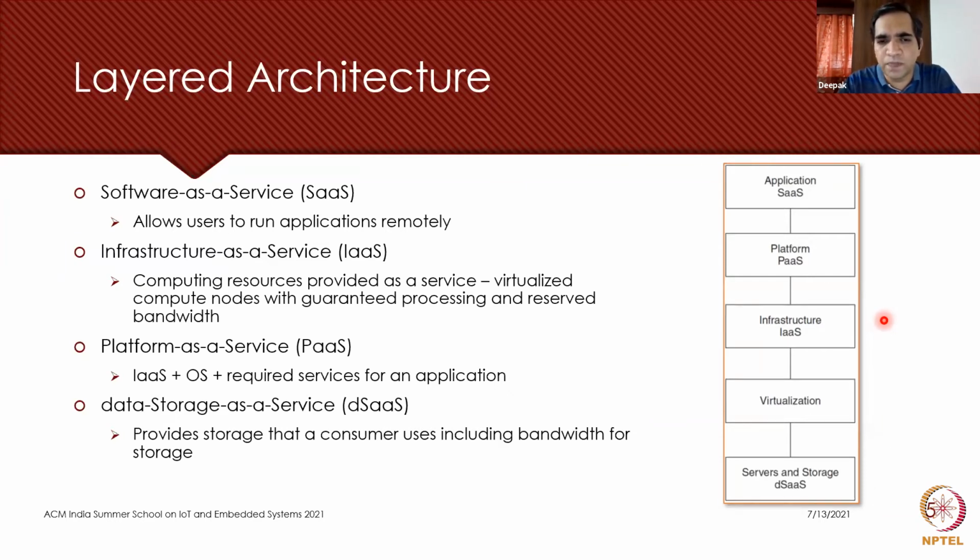So this is what comes as part of the infrastructure. It's the compute resources. It does not only have compute nodes, that is processing resources, but it also has storage resources. It also has some network resources. All of these combined together form the infrastructure as a service that is provided by the cloud provider.